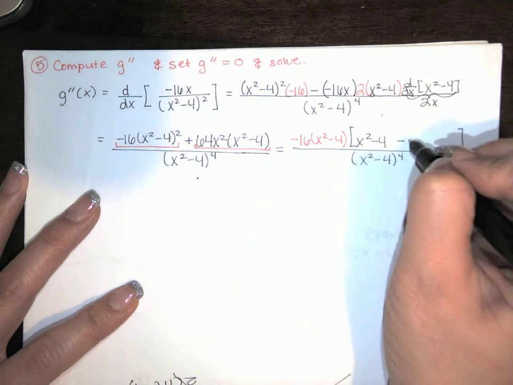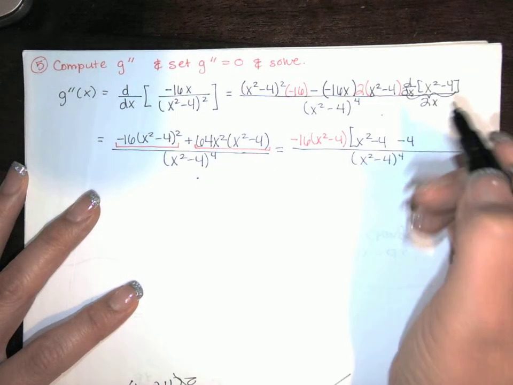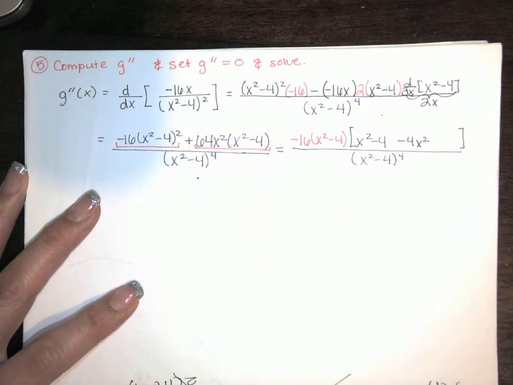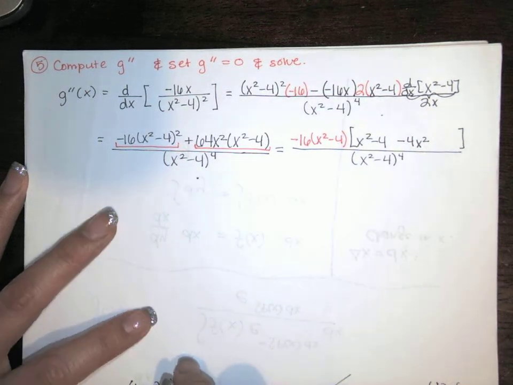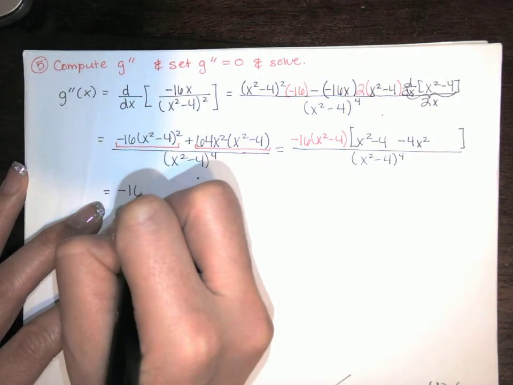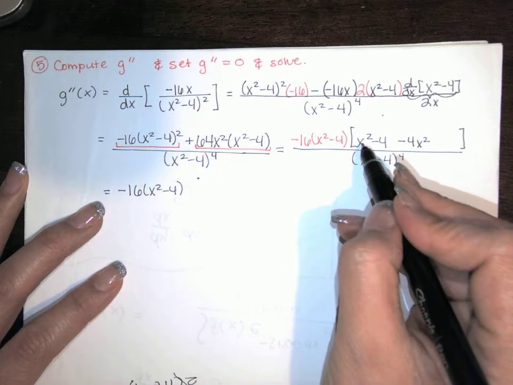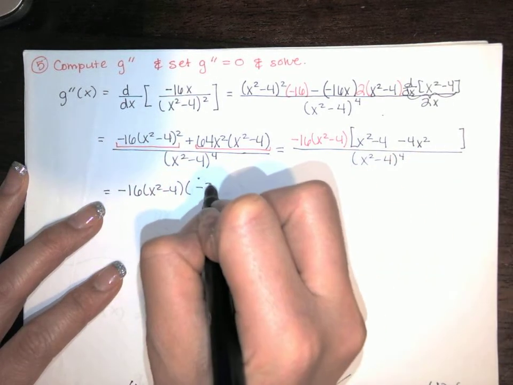Negative 16 times negative 4 would give me the positive 64. I need an x squared. And the x squared minus 4 has already been factored out, so we're good. So there's not really much going on over there. Now I can simplify that expression in brackets. Brackets are overkill a bit. We've got x squared minus 4x squared is negative 3x squared.